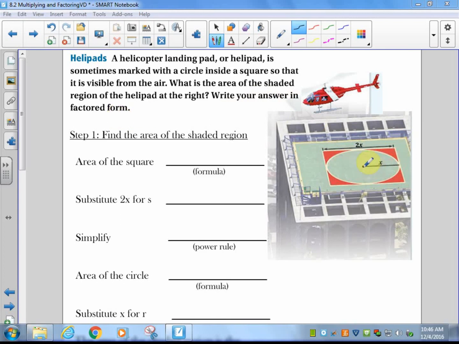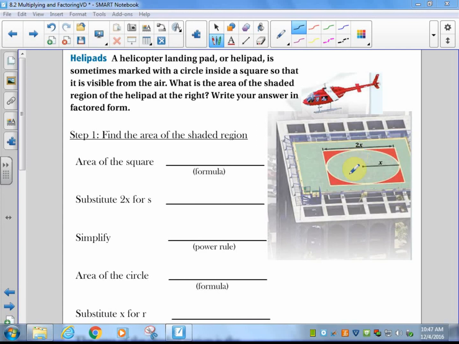So, our helipad has a circle inside of a square, and they want us to find the area of the shaded region. If you notice, the circle is inside of the square. So we need to find the area of both the square and the circle.